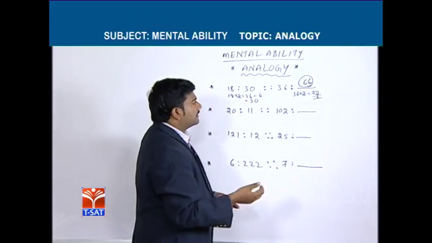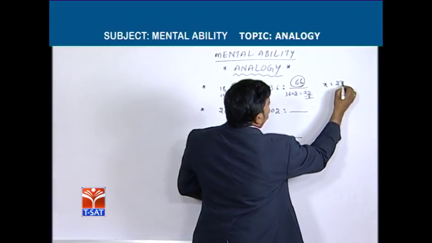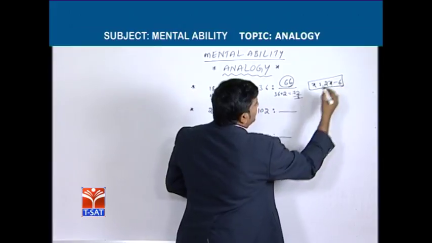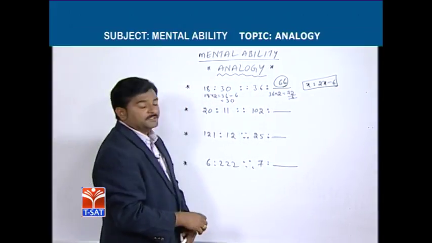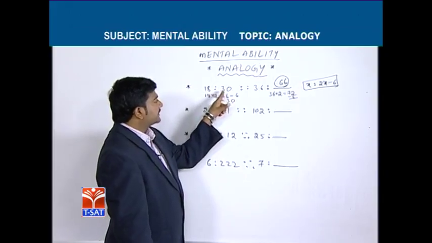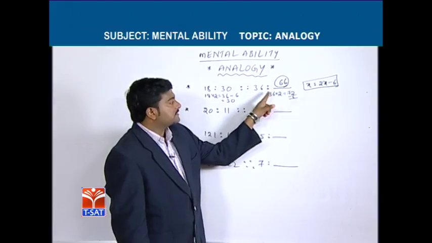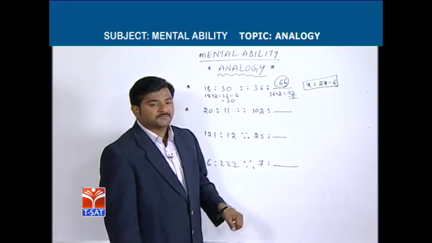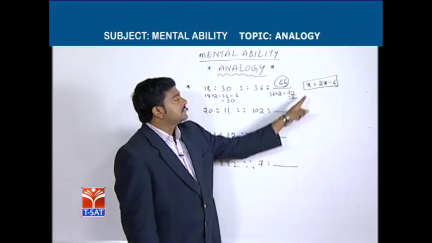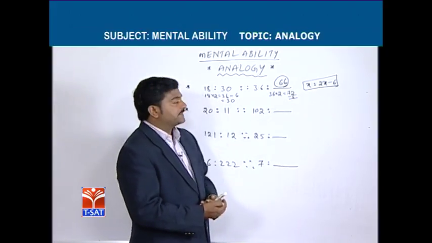And usually we can say this model is x is to 2x minus 6 model. Okay, I repeat once again, x is to 2x minus 6. What does it mean? 18 into 2 minus 6, 36 into 2 minus 6. That's why the concept involved in this is x is to 2x minus 6. I hope you understood this concept also.